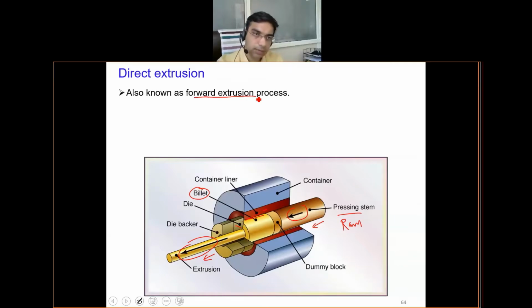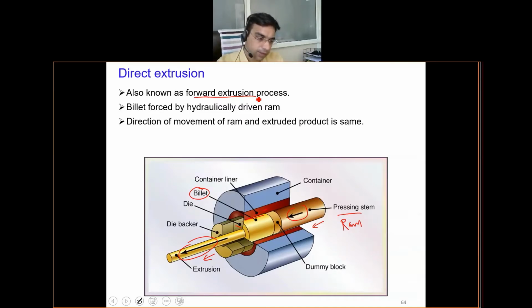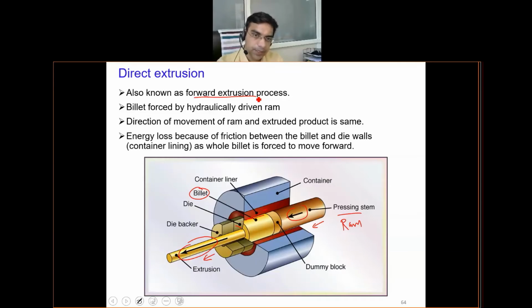So another name of this process is forward extrusion. The billet is forced by a hydraulically driven ram, and the direction is the same, as I have already mentioned. And since there is a lot of energy loss because of the friction between the billet and the die walls, this is the downside of this process.